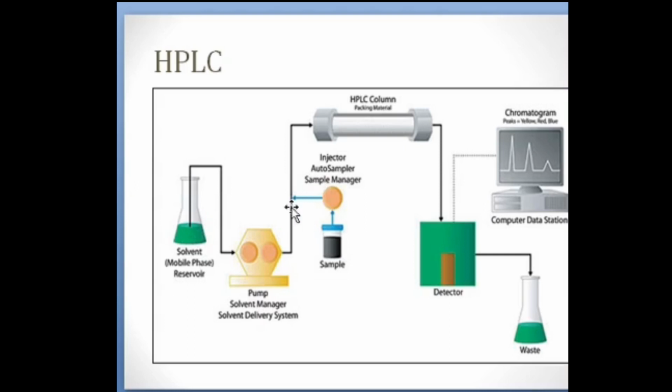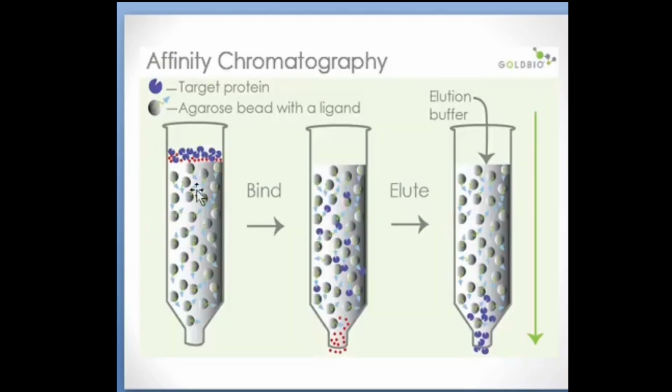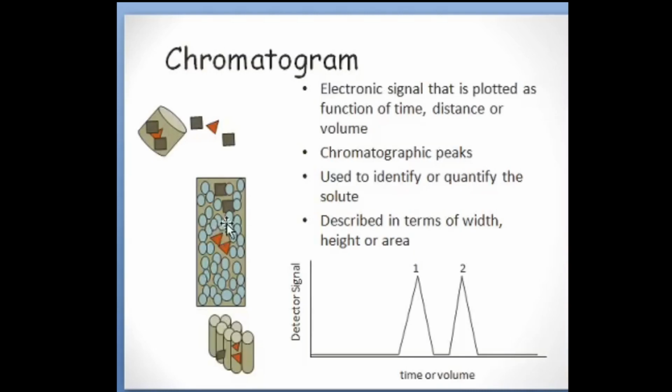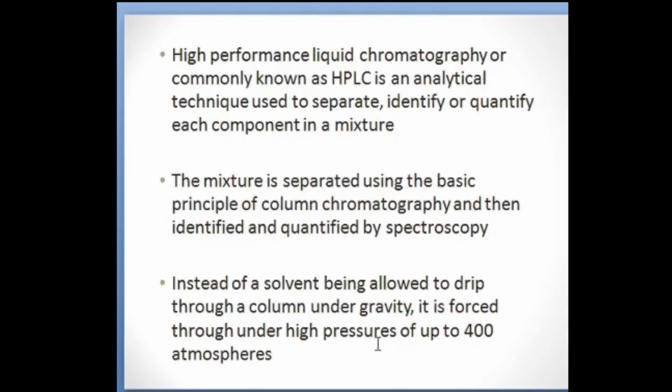In column chromatography, in the others, you just let the mobile phase and the sample mixture pass through the column slowly. Whereas in high performance liquid chromatography, we use a very high pressure, and this helps us perform this technique very fast.